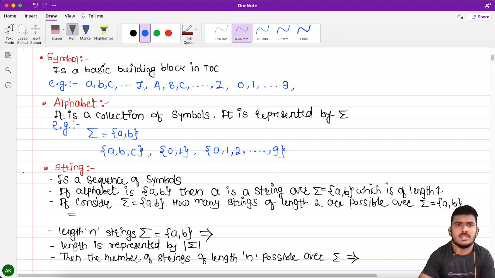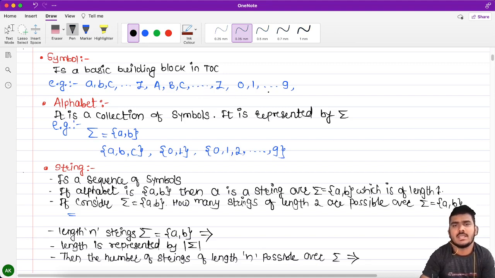So in TOC, a symbol is a basic building block. Okay, meaning a basic building block, something that is necessary in TOC while designing the language and string. So what do we call a symbol? Small letters a, b, c up to z, these are considered as symbols, along with that capital letters also belong to the category of symbols.